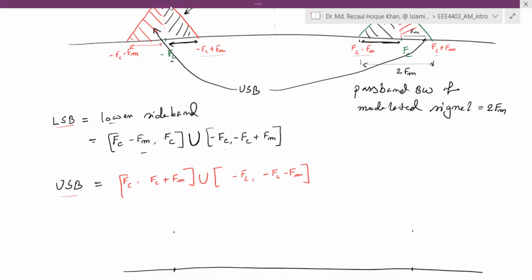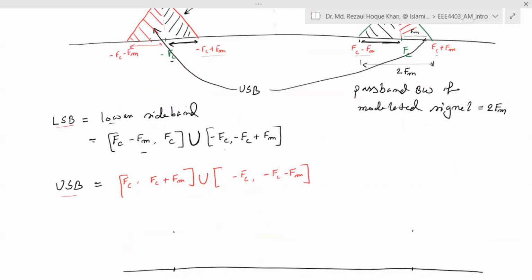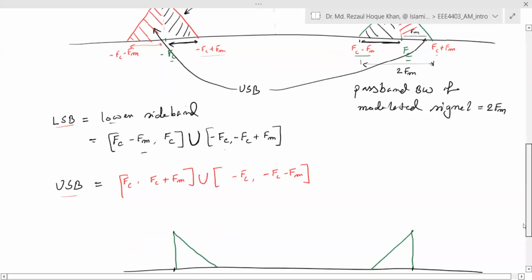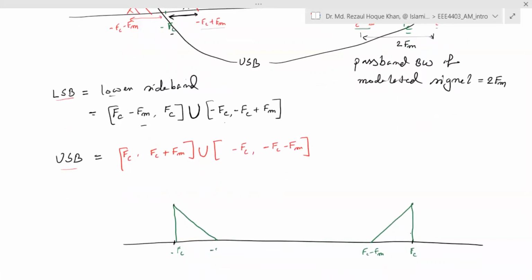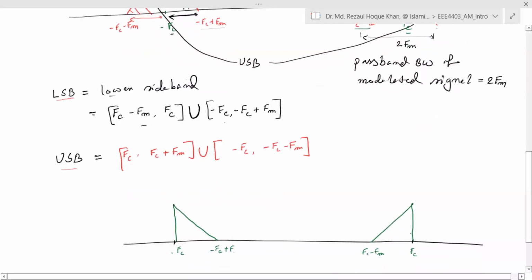So let us draw the lower sideband. This is the lower sideband, right? If we mark from FC to FC minus FM, and from minus FC to minus FC plus FM, this is our lower sideband.